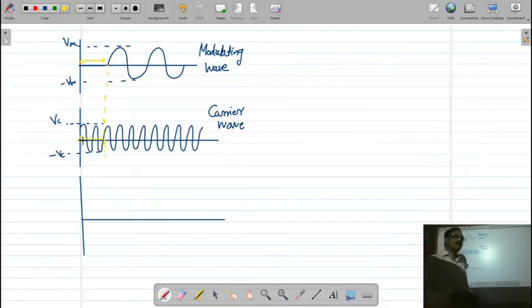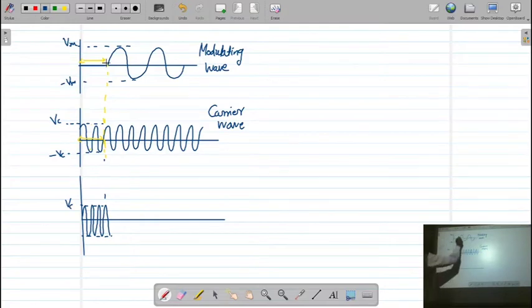If the modulation does not take place, then the amplitude of your carrier wave remains as it is, and you have a waveform like this. During this time period your amplitude is not going to change. So this is the amplitude of the carrier wave, Vc.